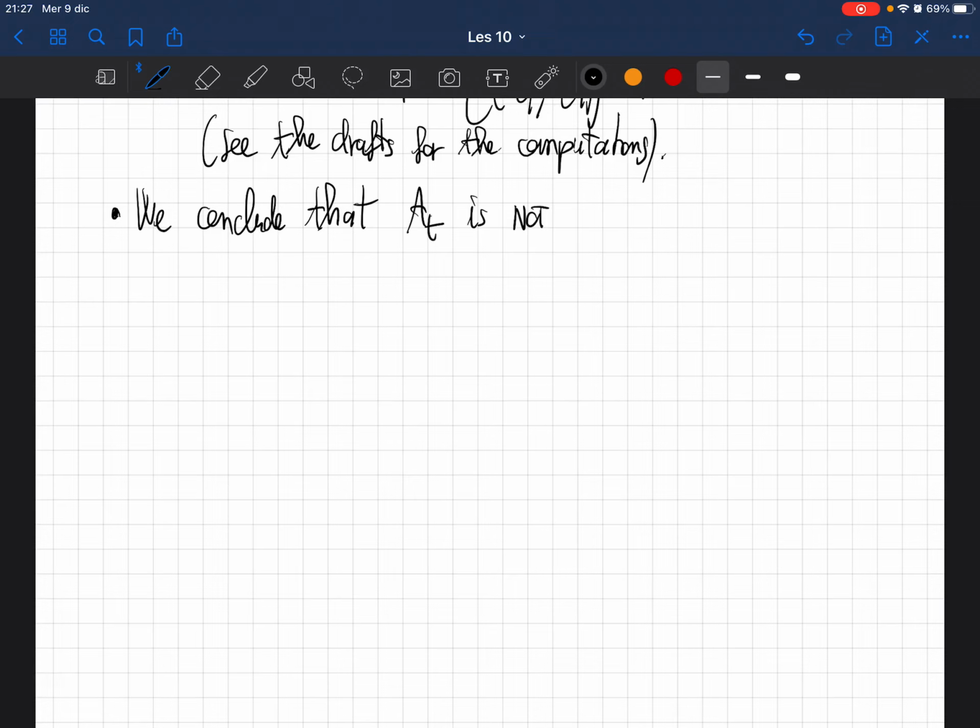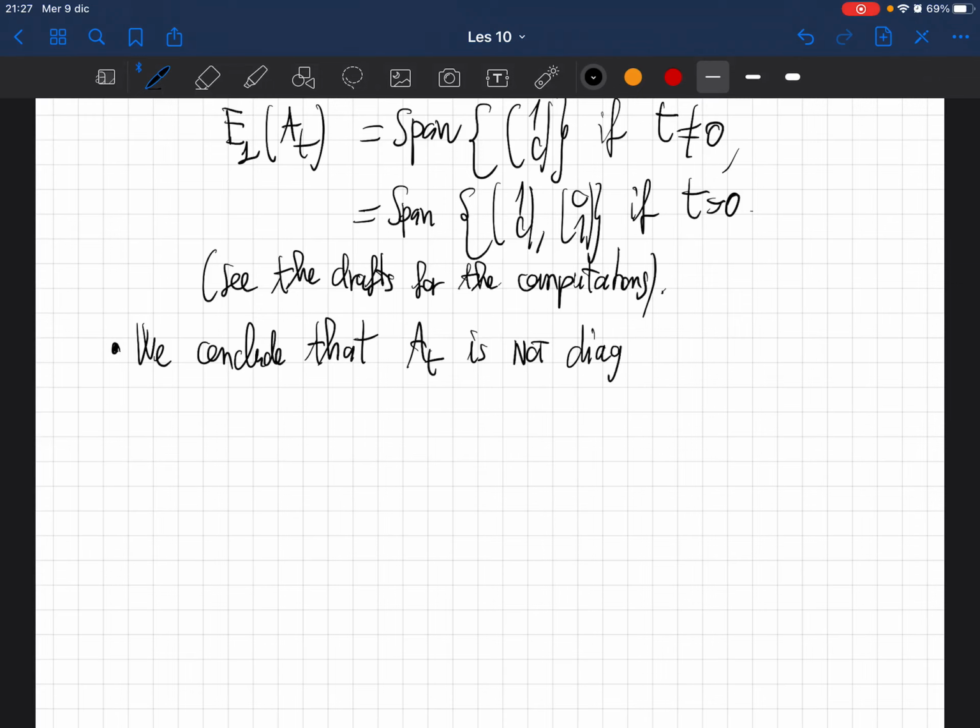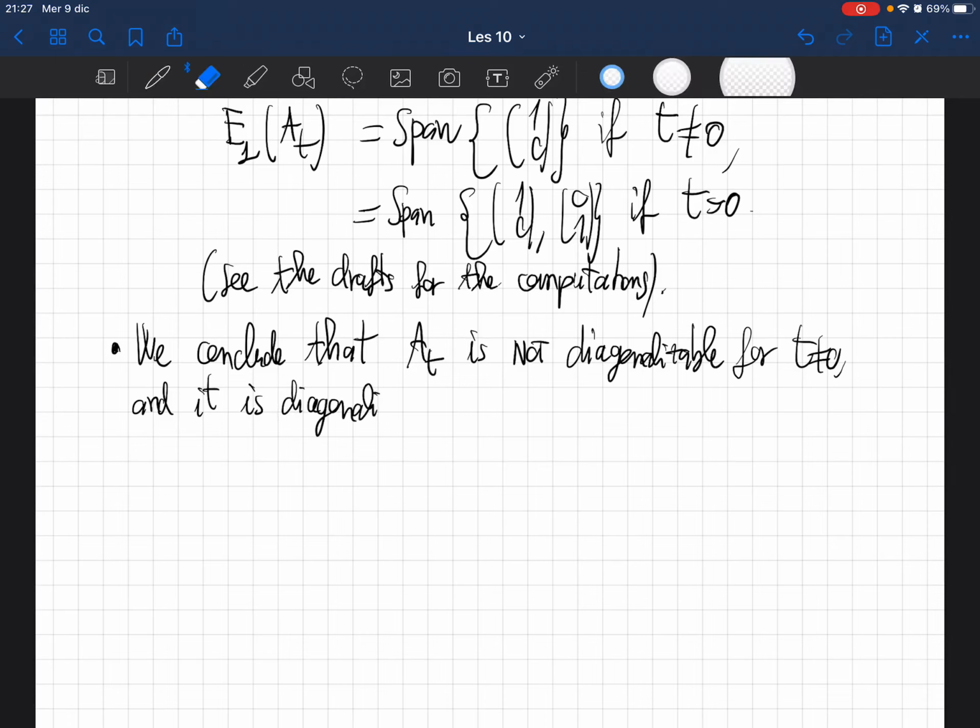You have this freedom. So just keep in mind, make the reader feel as good as possible. Whatever. That A is not diagonalizable for t different from 0, and it is diagonalizable for t equal to 0. Well, okay, fine.